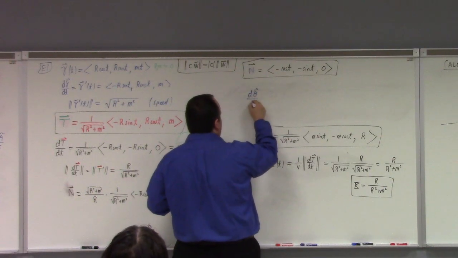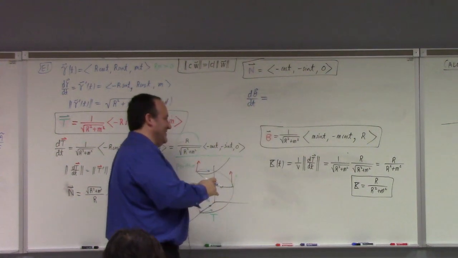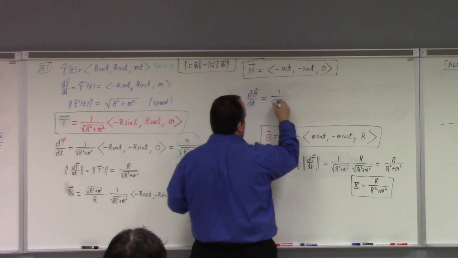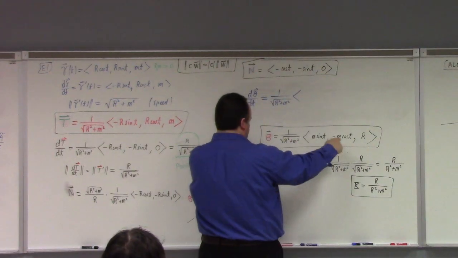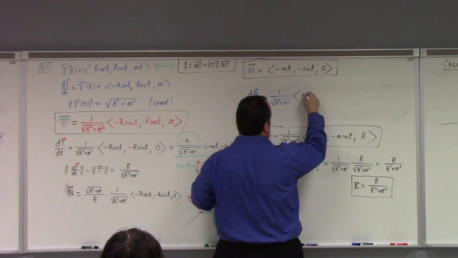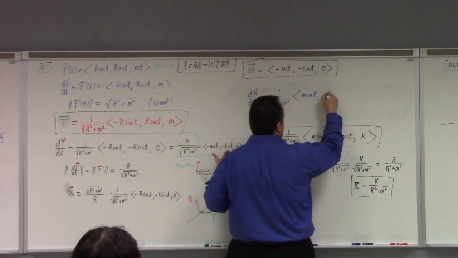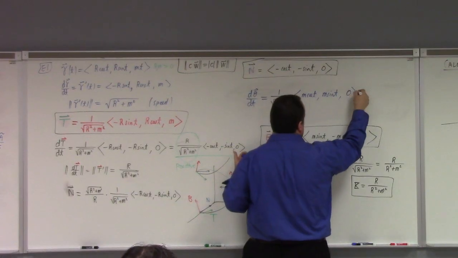Sobrano. dB dt. Let's see, 1 over the square root of r squared plus m squared, yeah? Differentiating this gives us what? It gives us m cos t, and this gives us m sine t, apparently. Derivative of r, 0.